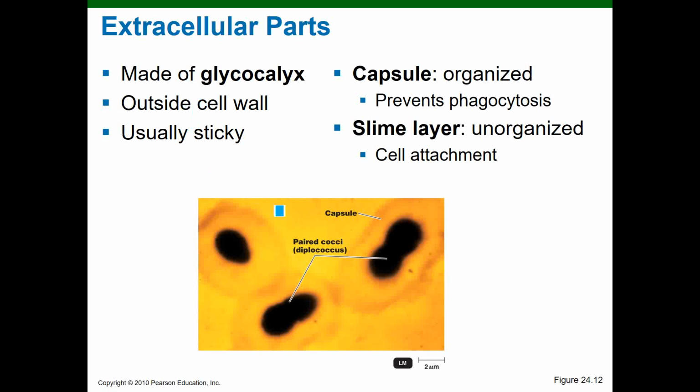So on the very outer surface of our prokaryotic cells, bacterial cells have the potential to have structures that surround them on the outside. So what you're looking at here, let me get my pen. We have the bacterial cell wall here in blue, right?